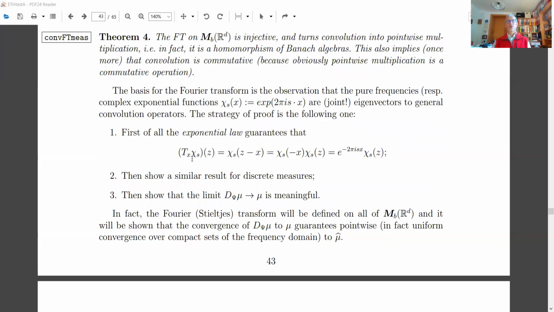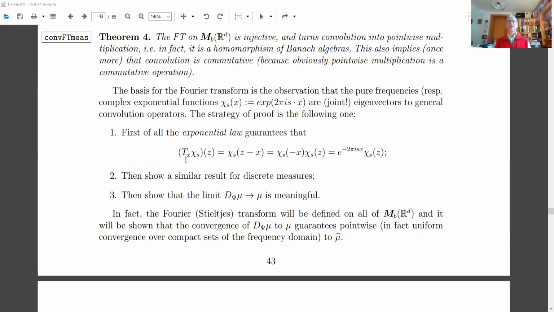Now the definition of the translation operator means you're getting the character at z minus x. And the exponential law allows you to split it. So you can view this, as a function of z, as a character multiplied with a complex number, which is chi-s of minus x, or more concretely, e to the minus 2 pi i s x.